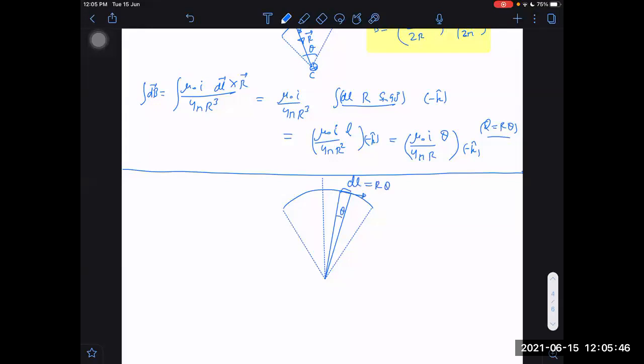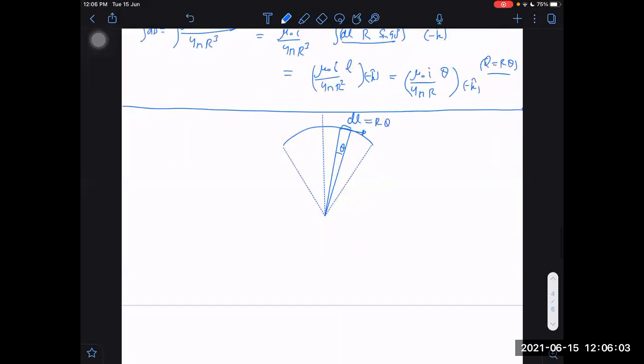Now tell me, this is the R vector here, what is the direction of IdL cross R? That will be again into the plane only.